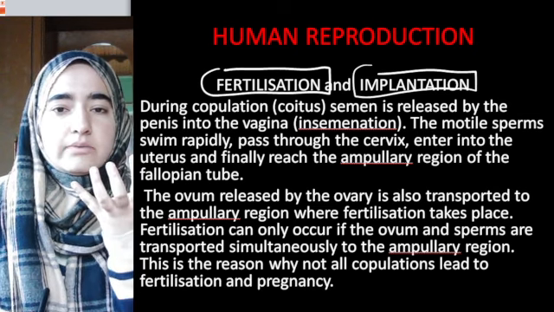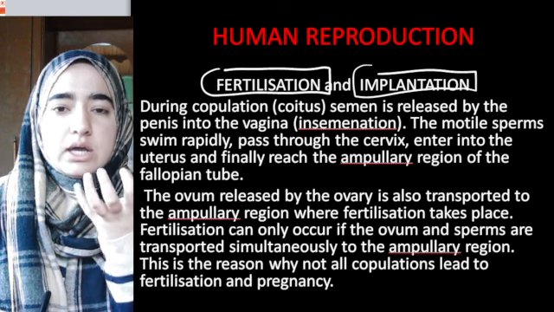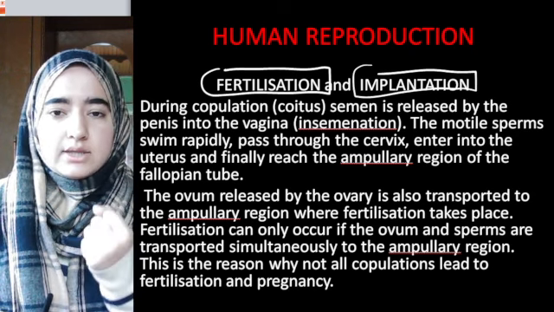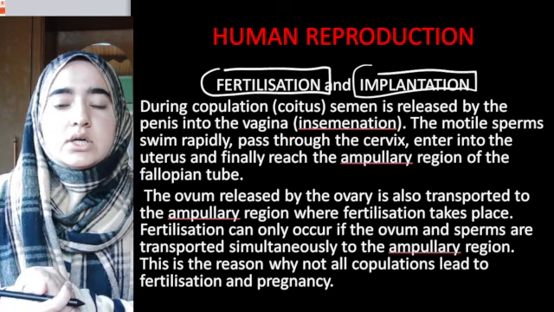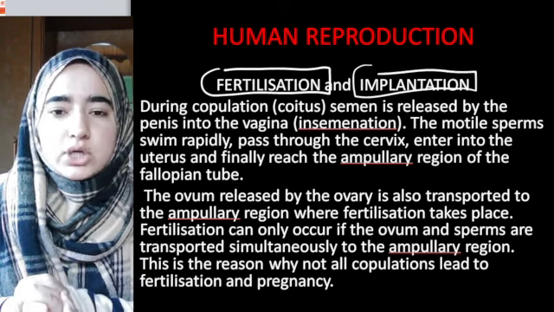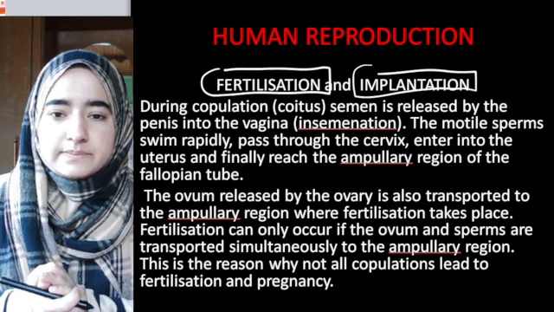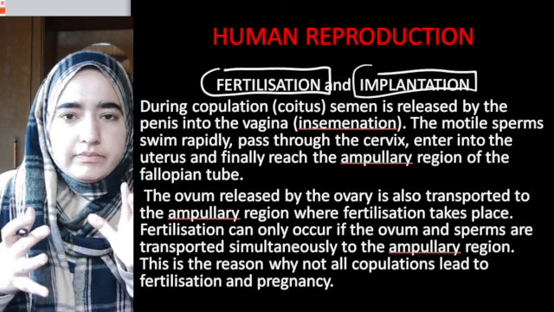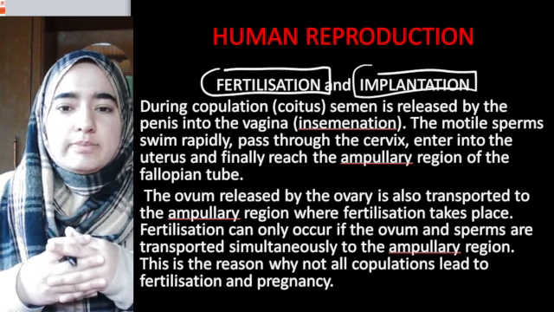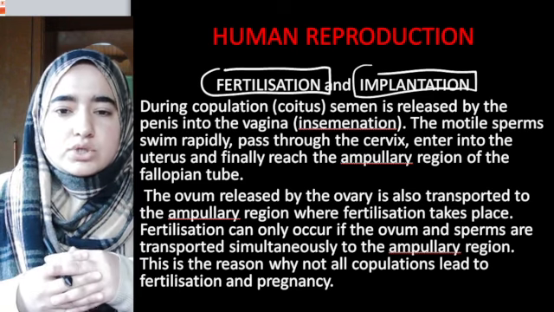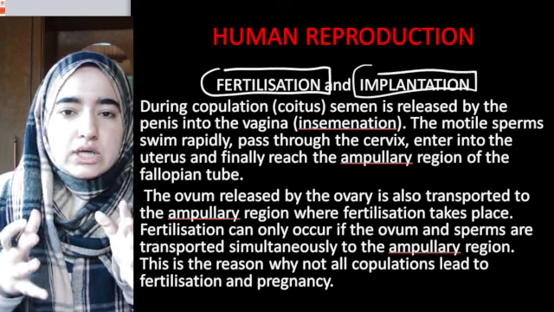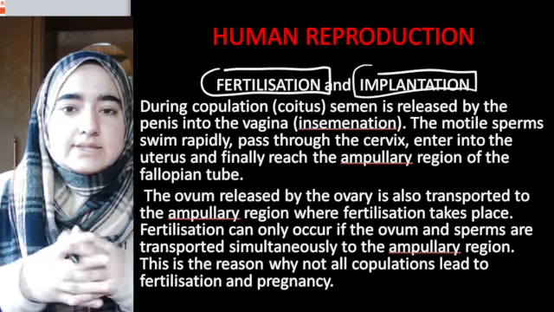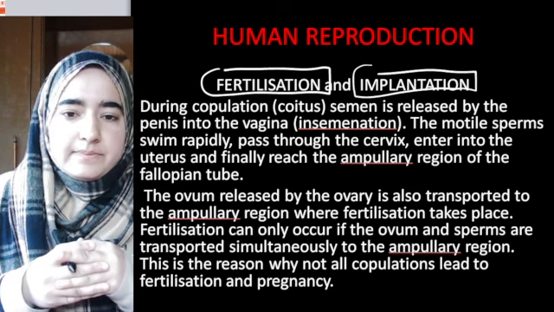Since the female gamete is immotile, that can't move, that is stationary, and the sperm is motile, that can easily move. Now an intercourse will take place, and during copulation semen is released by the penis into the vagina of the female.